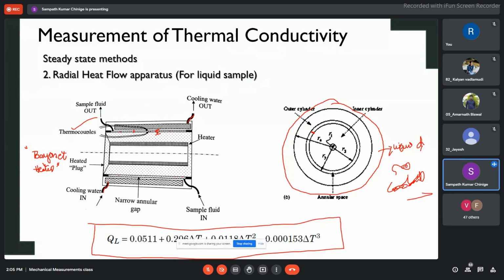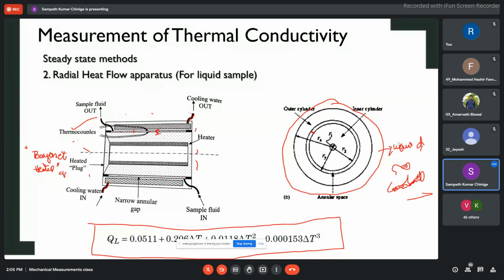For that, what we do is, first we have to do a calibration process. For example, suppose you have ambient air outside on all the sides. What I will do is, first I will not fill this annular spacing, but I will supply Q amount of heat to this heater.